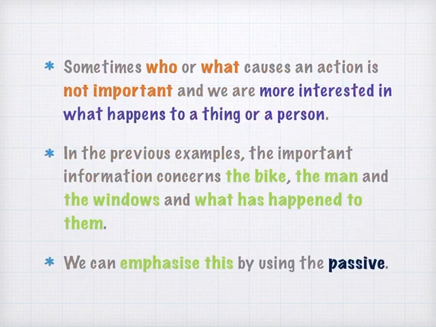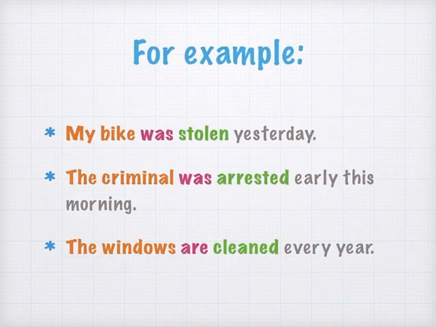So we can emphasize this by using the passive. My bike, it's the focus now, was stolen yesterday. The criminal, he is important, was arrested early this morning. And the windows are cleaned every year. So we can emphasize my bike, the criminal, and the windows by making it the subject, ¿no?